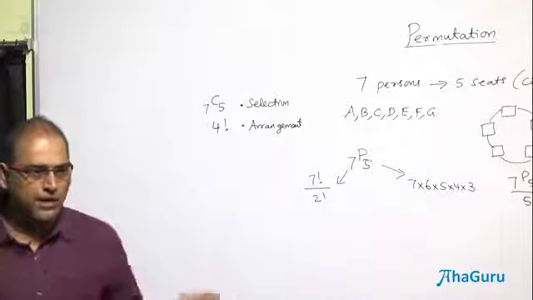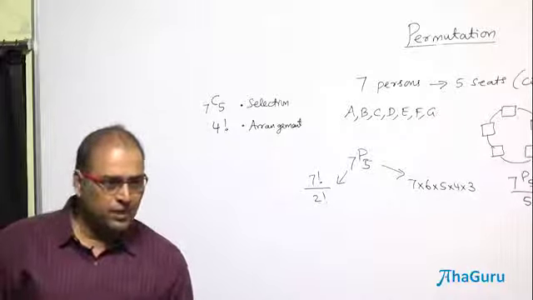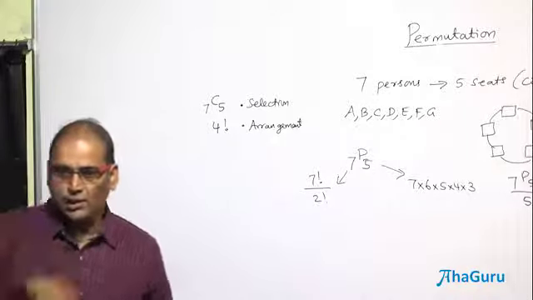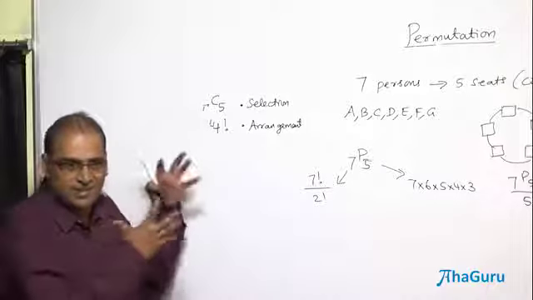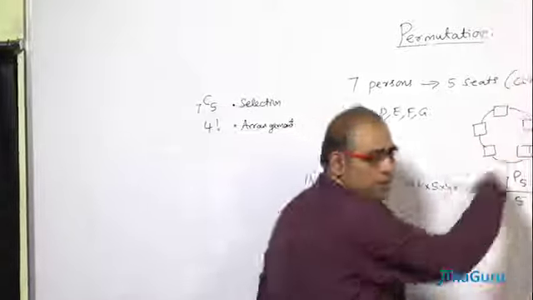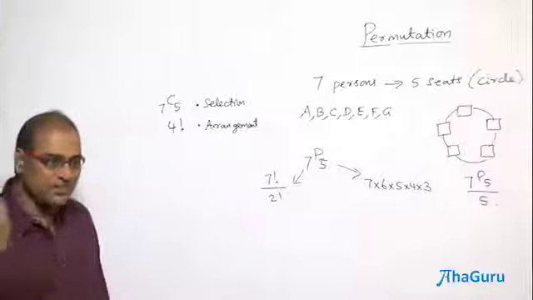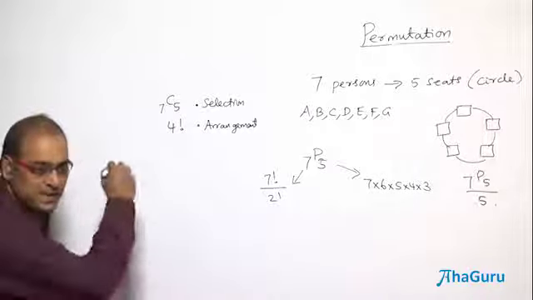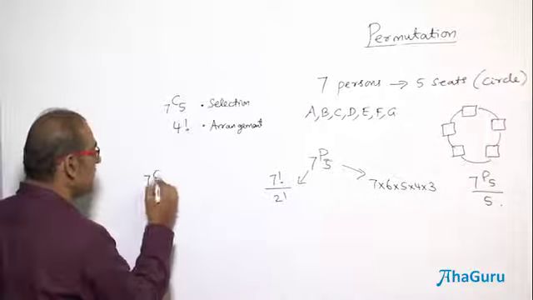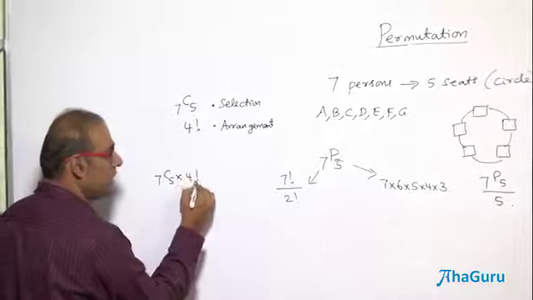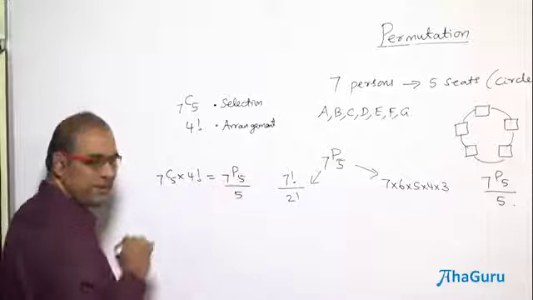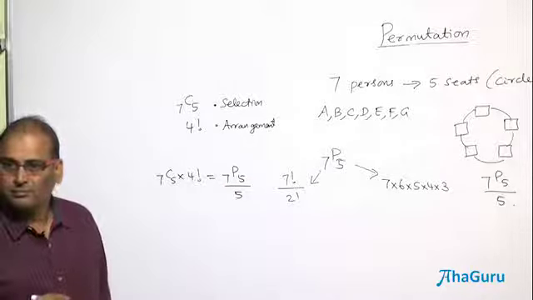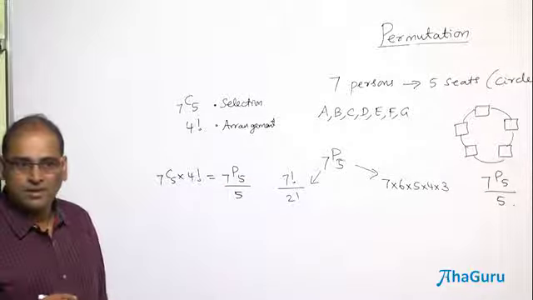You got 2, are you going to add or multiply? For each selection, having selected the 5, every selection has got 4 factorial ways. How many selections are there? 7 choose 5. So you will be multiplying. So 7 choose 5 into 4 factorial is equal to what? 7p5 by 5. Are you able to understand?